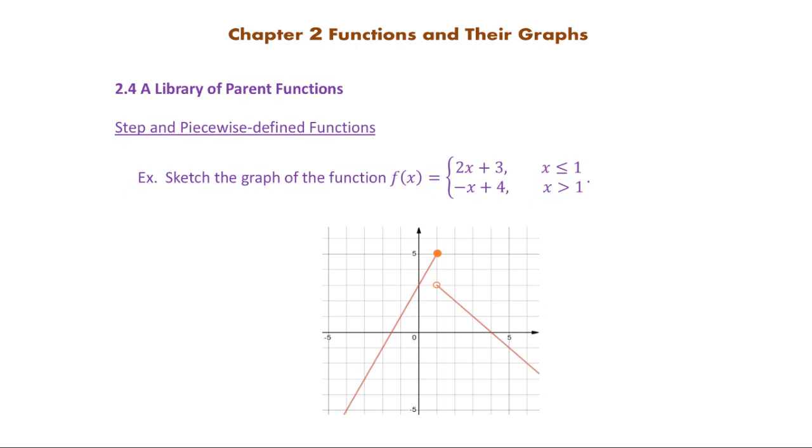So when x is less than or equal to 1, the left-hand side piece has the expression f of x equal to 2x plus 3. So that's a linear function with slope 2 and y-intercept 3. Okay. So if you do that, you're going to get the half of the line on the left.